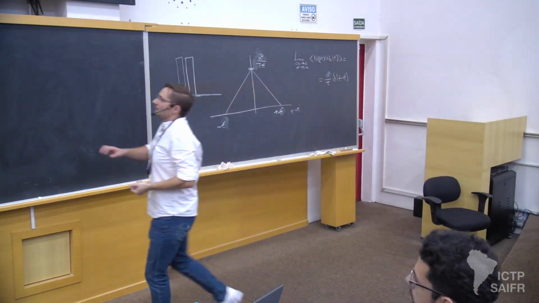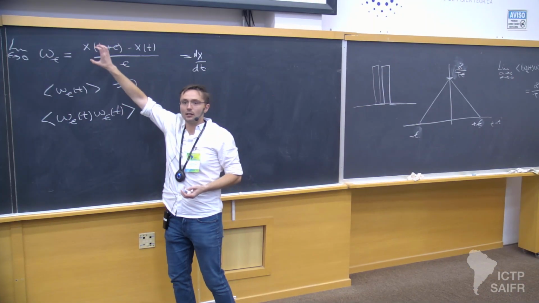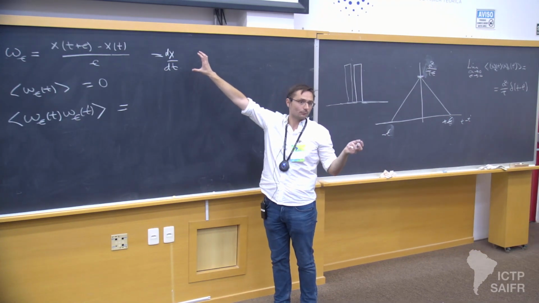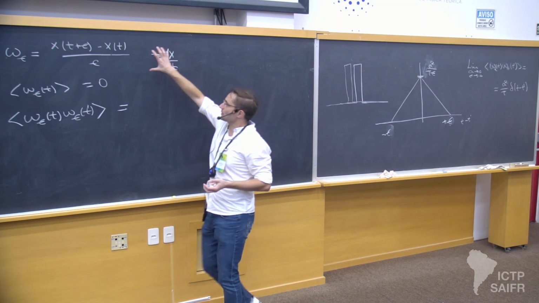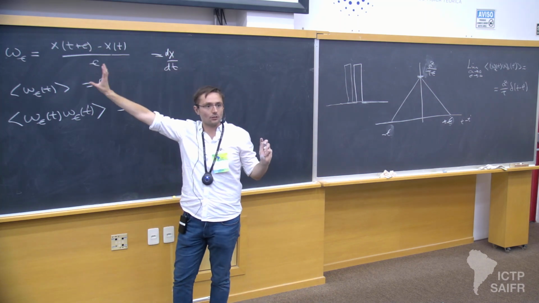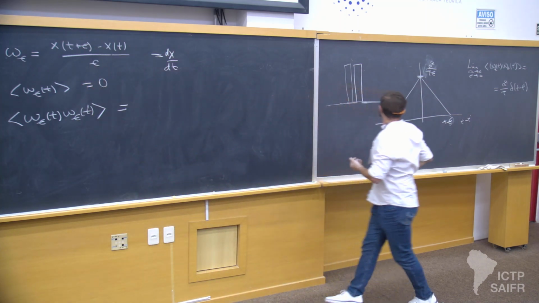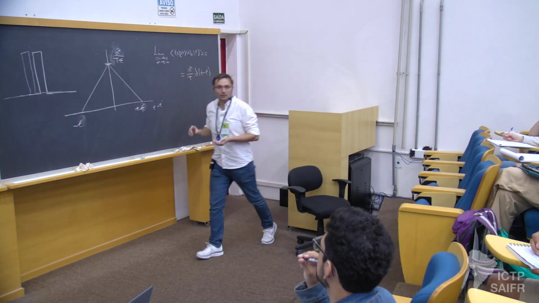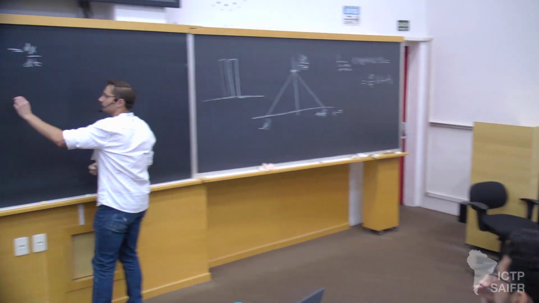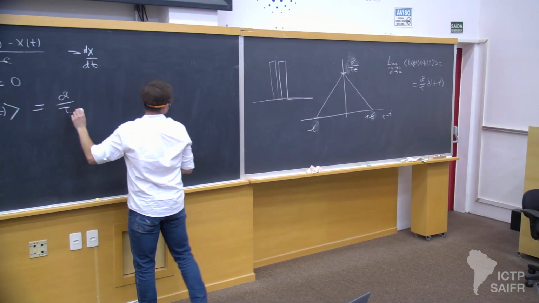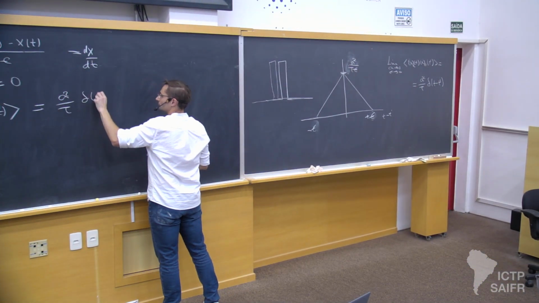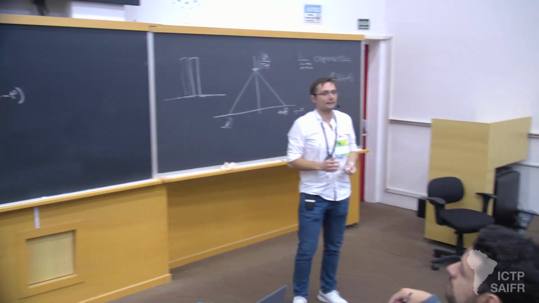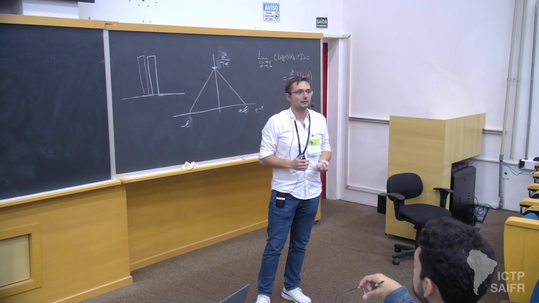So what I'm saying is that this new process that I define, when I take this epsilon to be very small, is the derivative of the position of the random walk. It's a Gaussian process because it's the linear combination of two Gaussian processes. And it's defined by a mean that is equal to 0 and a 2 times correlation function that is this delta, the Dirac distribution.